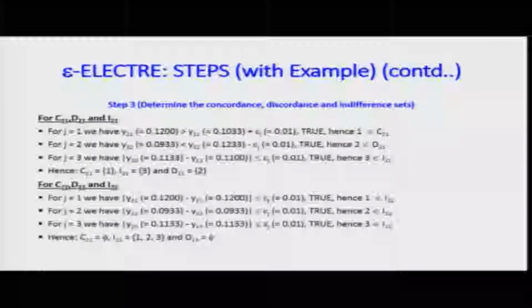Continuing our discussion, we were calculating the values of C11, D11 and I11, where C, D, I are the values in the concordant set, discordant set and the indifferent set.